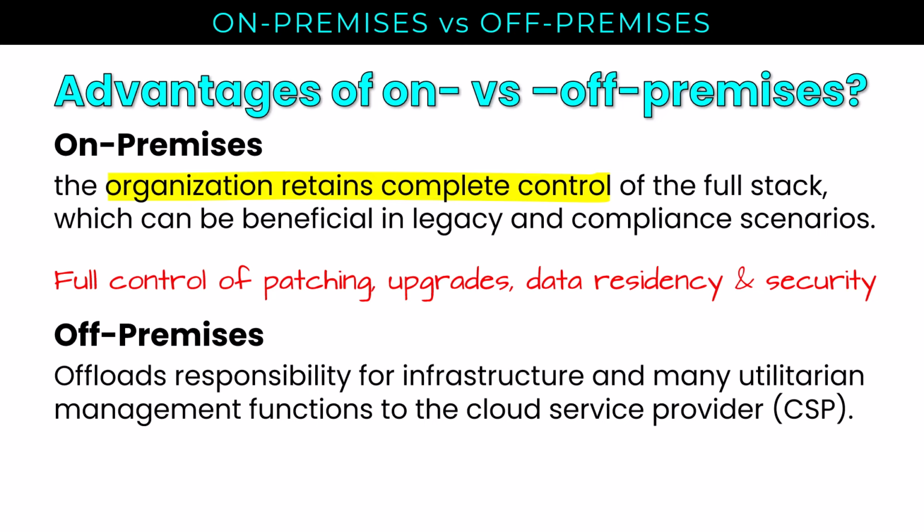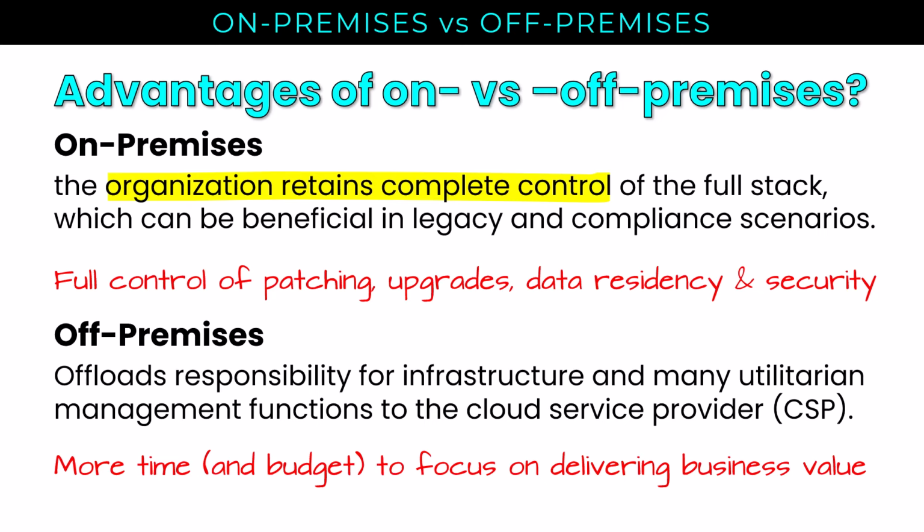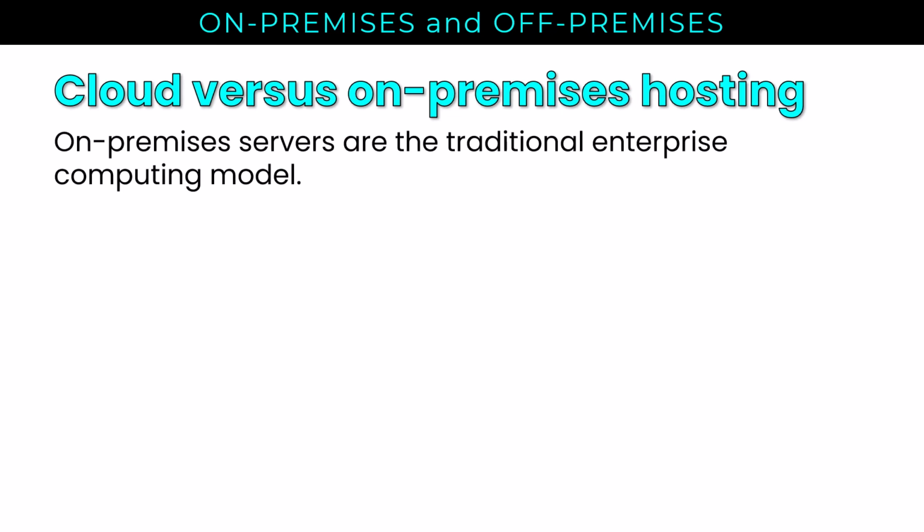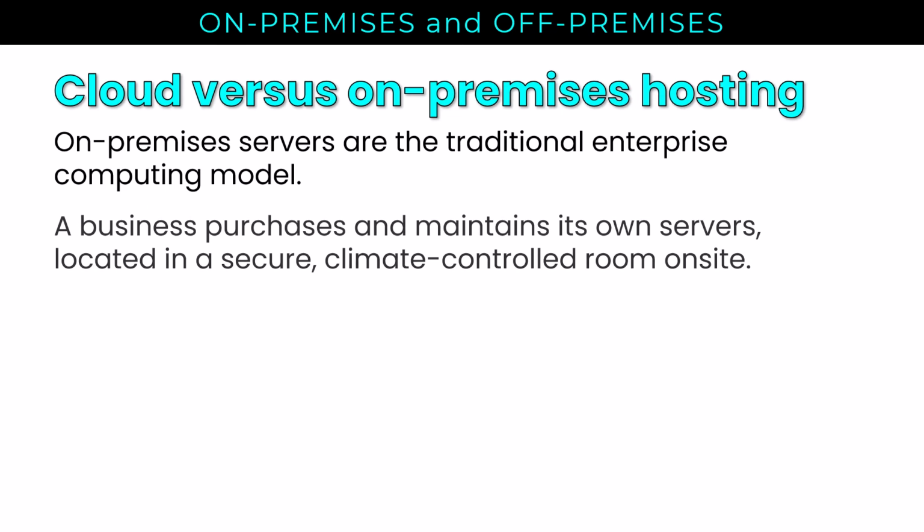The cloud service provider is really what's top of mind here, moving from on-prem to the cloud. More time and budget to focus on delivering business value because we're not doing all the care and feeding for the infrastructure. And there's something else that we need to talk about here when it comes to on-prem versus off-prem. So when we're thinking about cloud versus on-premises, there's certainly a change in how our budgeting goes.